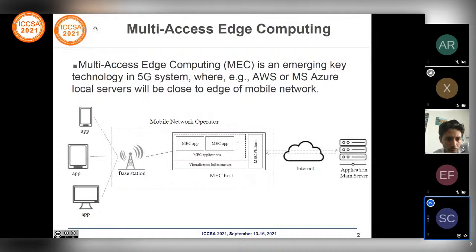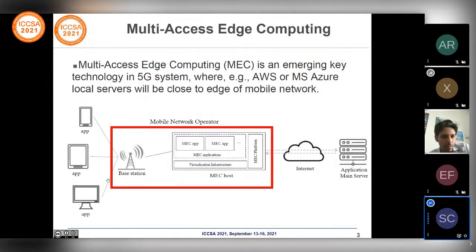This is the schematic image of the system. You can see the user devices on the left. Here is the mobile network operator, which includes the base station, and the MEC host is deployed inside the mobile network operator. The MEC applications are inside the MEC host.